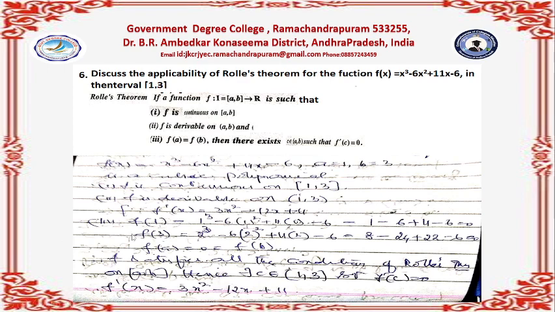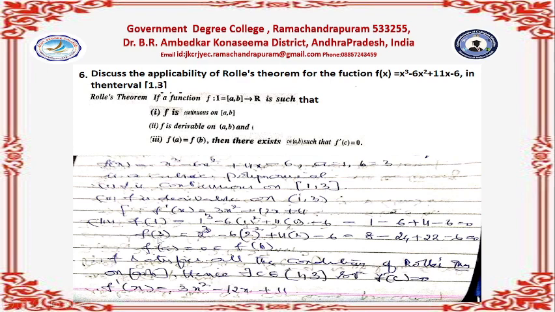Now what is the value of the function at x is equal to 1? 1 cube minus 6 into 1 square plus 11 into 1 minus 6, that is nothing but 1 minus 6 plus 11 minus 6, that value becomes equal to 0. Similarly, what is the value of the function at the higher end point? What is the higher end point in the interval? 3, upper end.